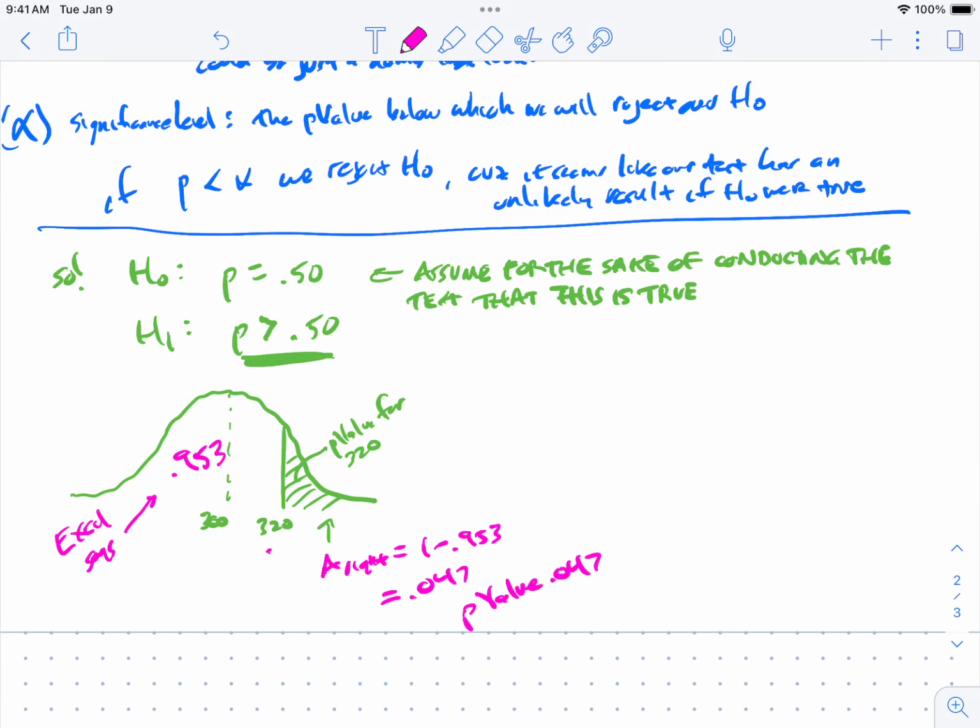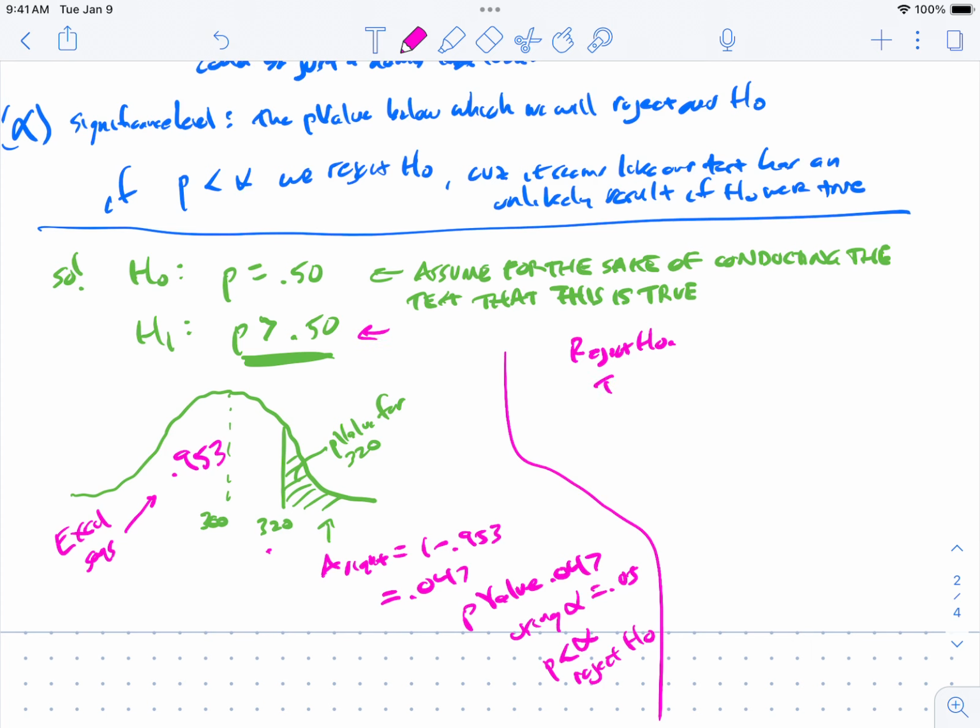So 0.047, using alpha equals 0.05, we have p-value less than alpha, and that means we reject the H0. So, writing it up here, reject H0. That means we've supported this. Support H1.